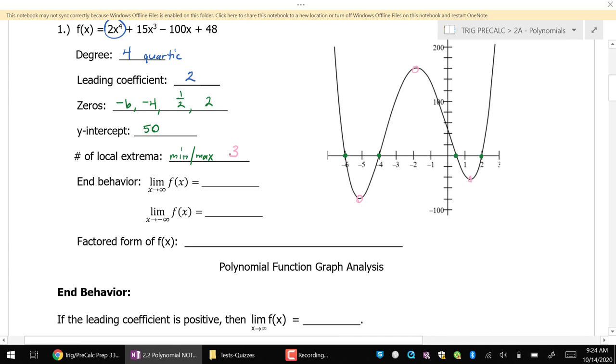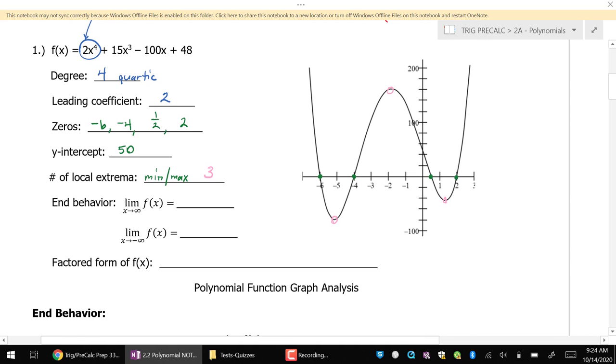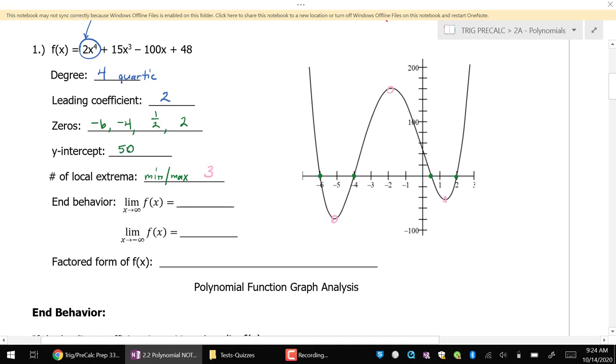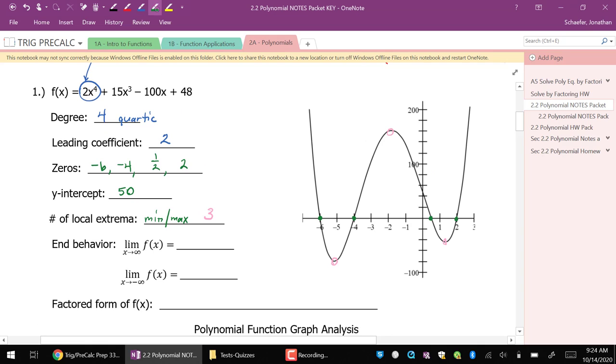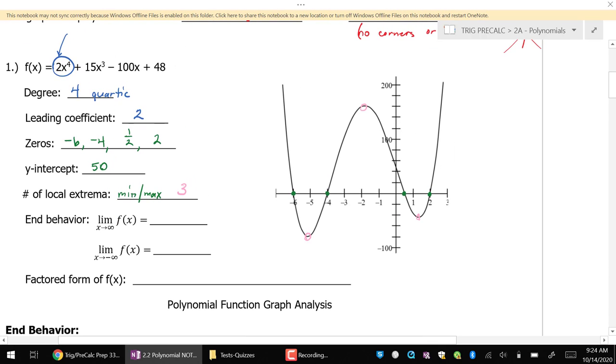3 extrema altogether. Now, end behavior is an idea that we're going to talk about and maybe even look at a few videos. But end behavior basically says, as I travel forever to the right, x goes to infinity, if there's a little hiker or walker traveling along my function, always going to the right, is the function climbing forever or is it falling forever?